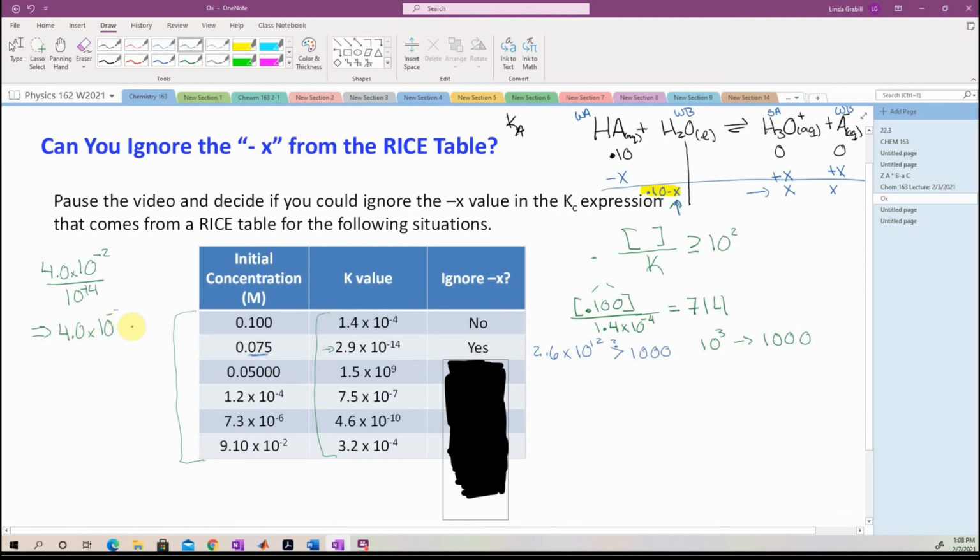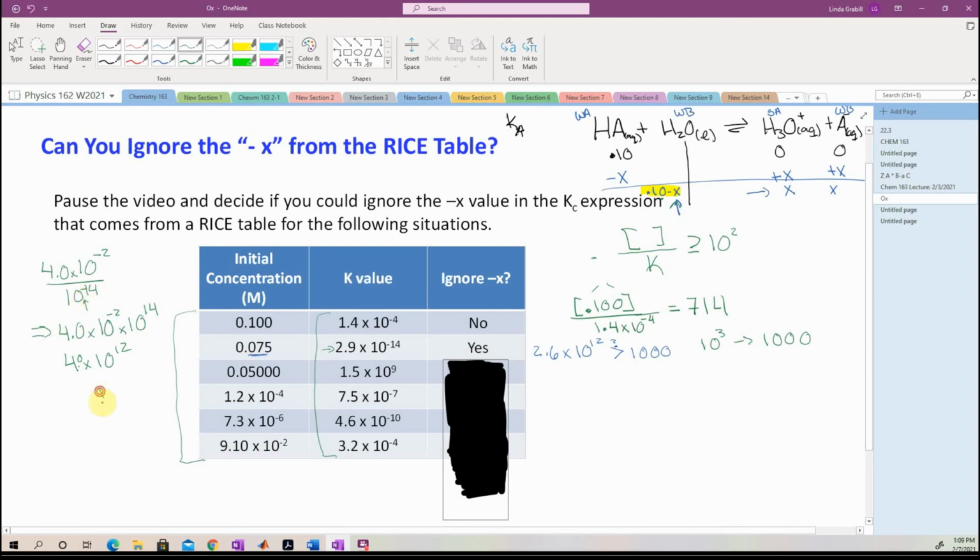Let me write exactly what I mean by that: 10 to the 14. So this thing here would actually give me 4.0 times 10 to the 12. I haven't put anything in my calculator. Didn't need to. Well, what was I looking for this to be? I have 2 sig figs, so is it greater than or equal to 100? It most definitely is. So one of the first things you can look at is just evaluating that.